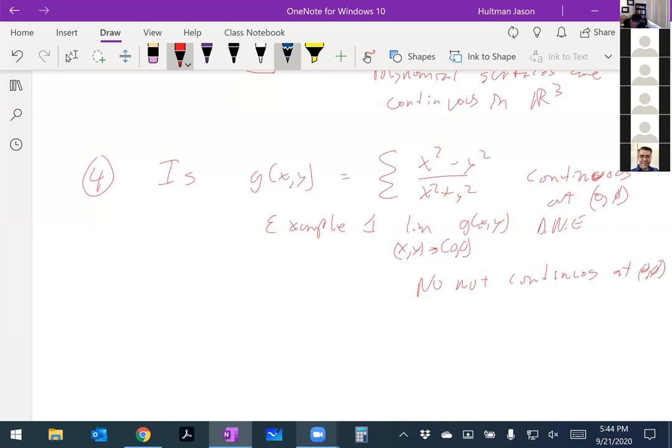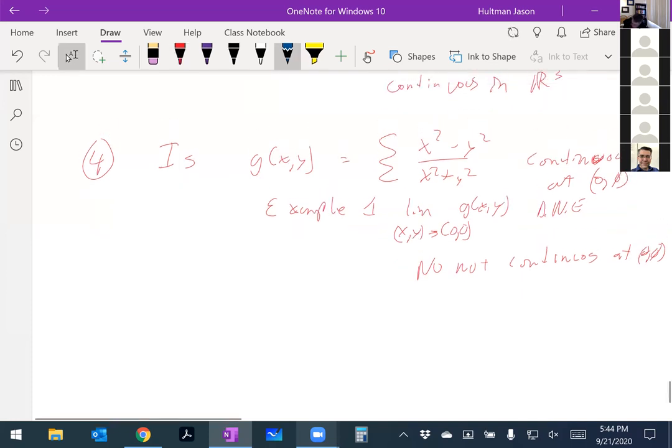Why? Because we would need the limit to equal the function, and if it's not going to, then we're done.